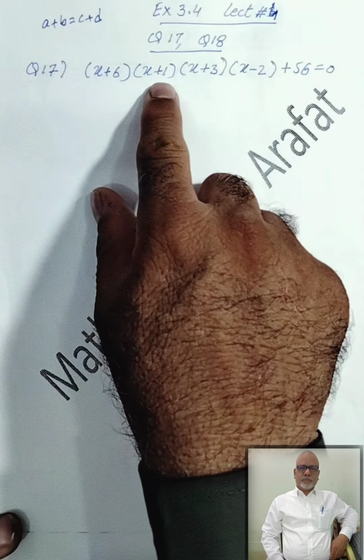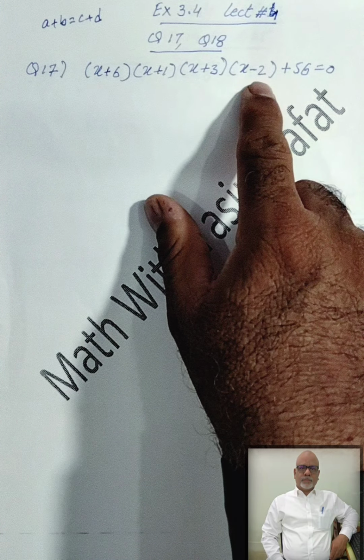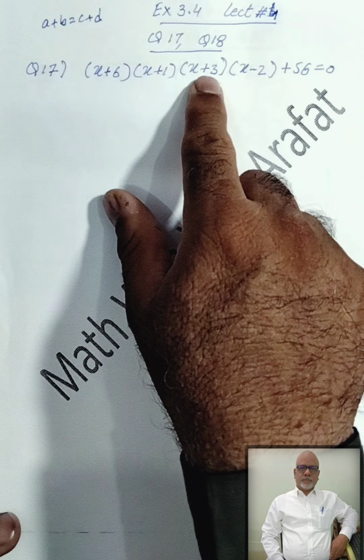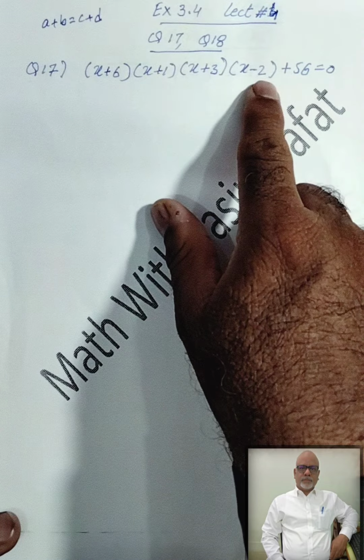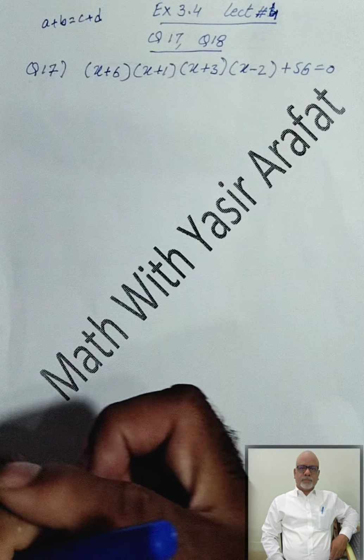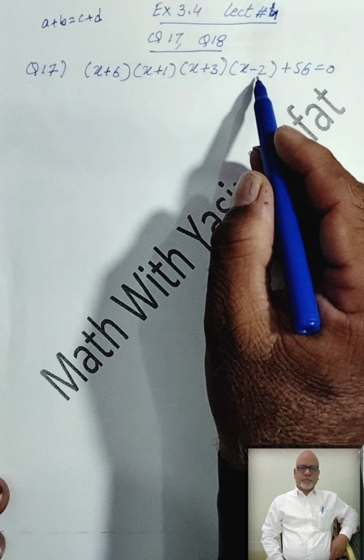This is 6 plus 1 is 7 and 3 minus 2 is 1. They are not equal to each other. Now here 3 plus 1 is 4 and 6 minus 2 is 4. That means we have to rearrange these brackets, x plus 6 with x minus 2.